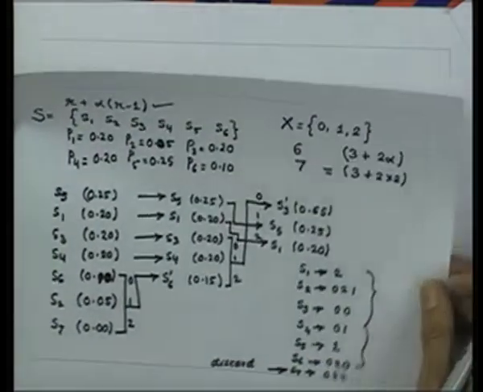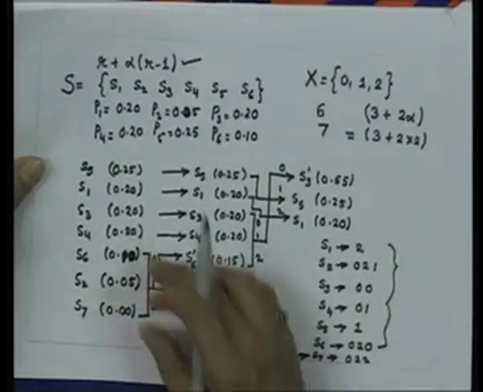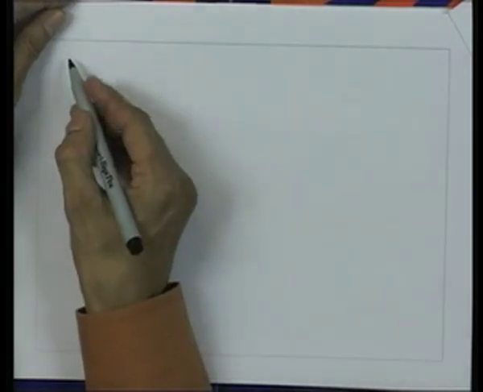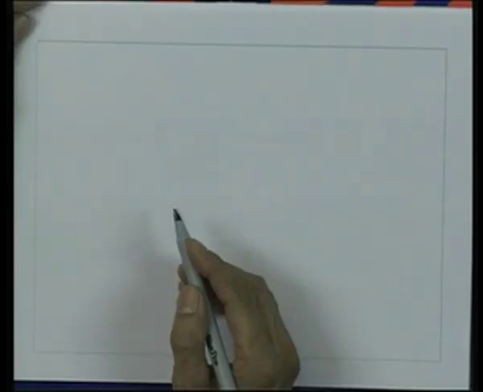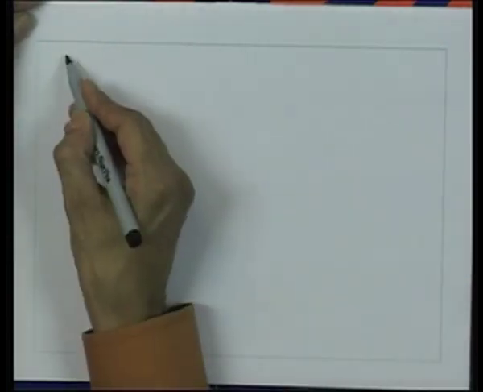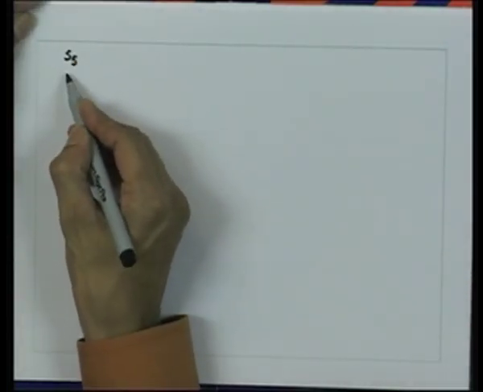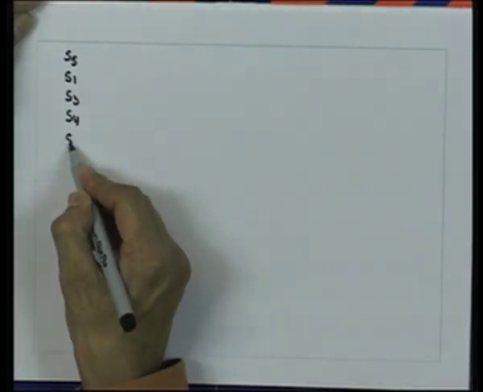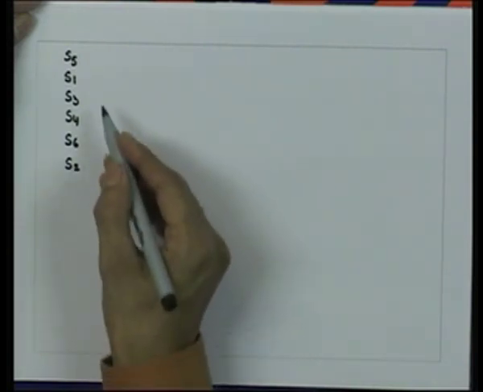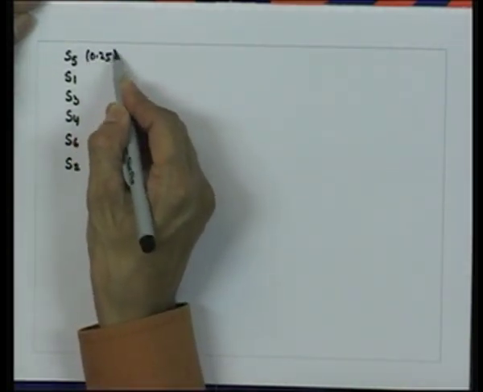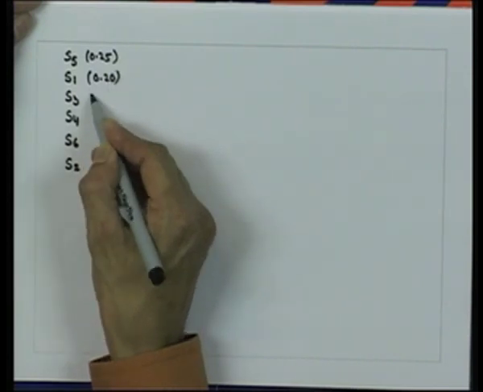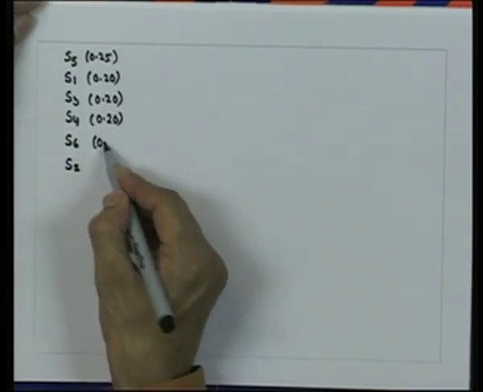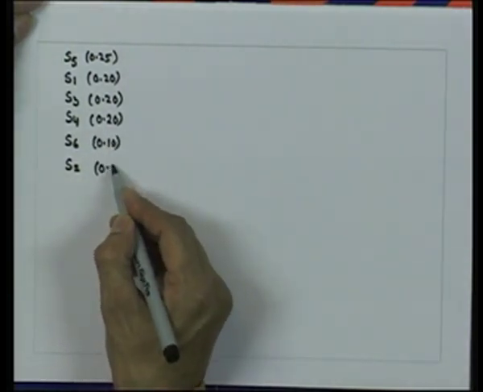So, let us look at those tree structures. So, if I combine 3, 3 and 2, then I get it as S5, S1, S3, S4, S6, S2, 0.25, 0.20, 0.20, 0.20, 0.10 and 0.05.